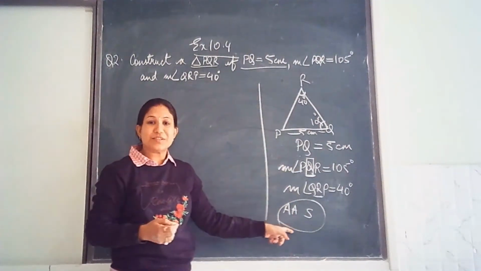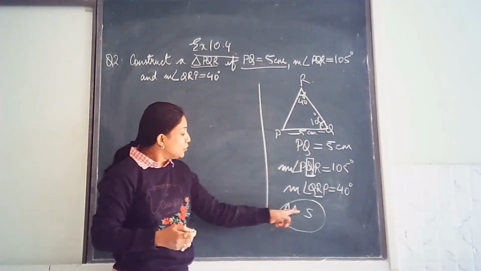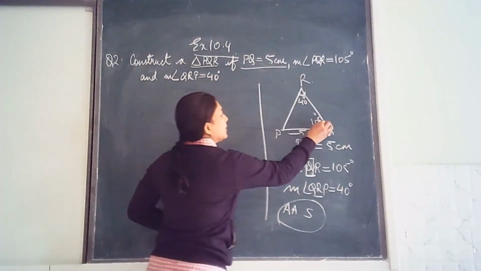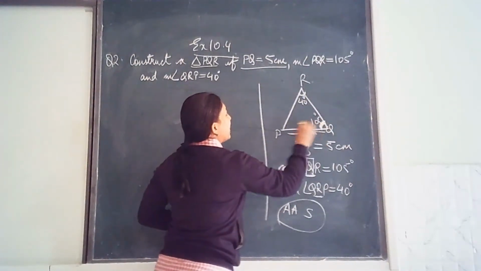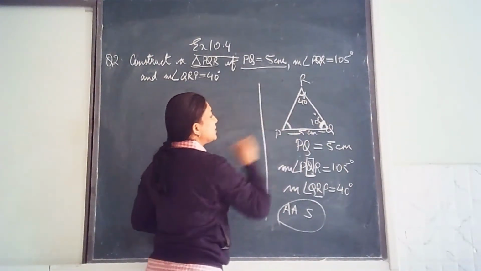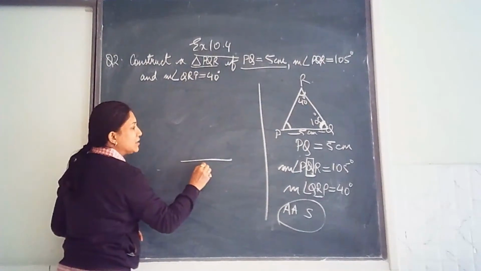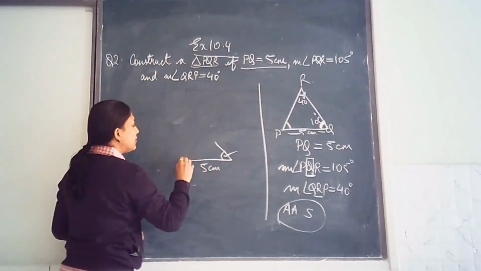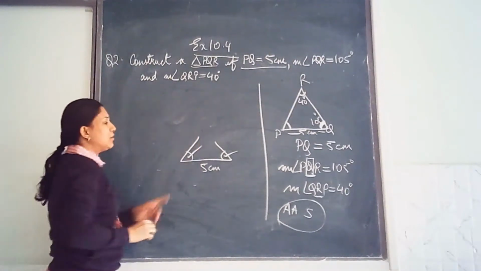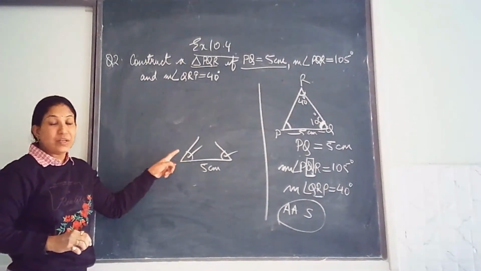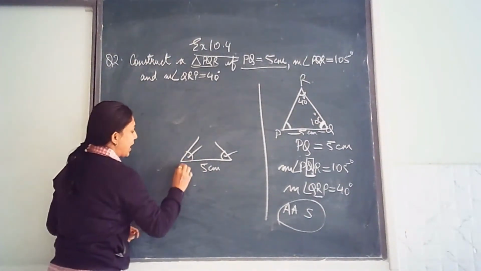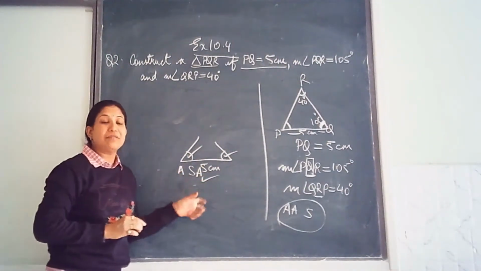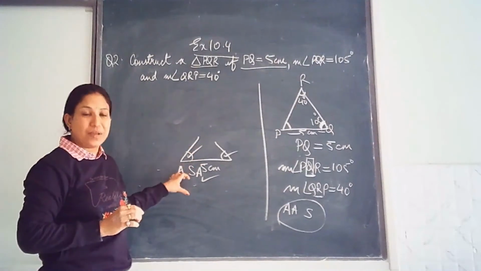You cannot construct a triangle just because two angles are not including the side. That means this side is given as 5 centimeters, this angle is given, and if this angle was also known, then, angle, side, angle, we could have constructed the triangle.